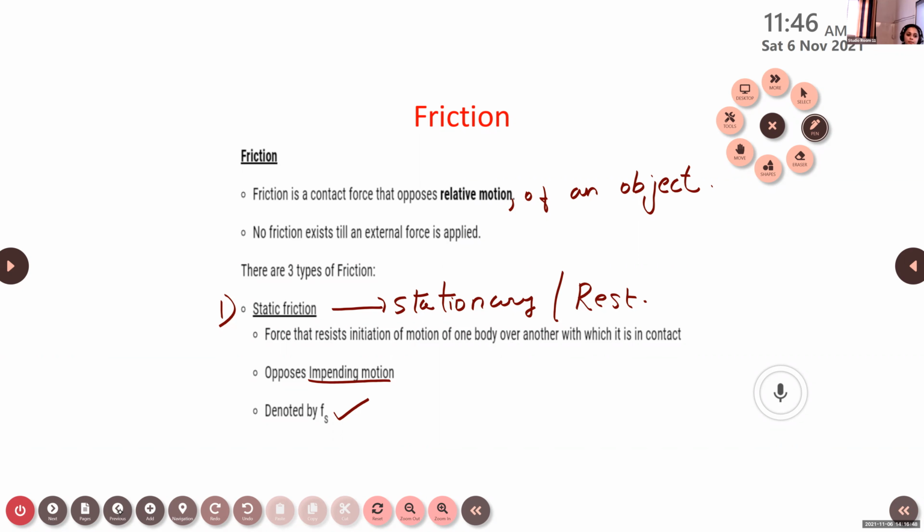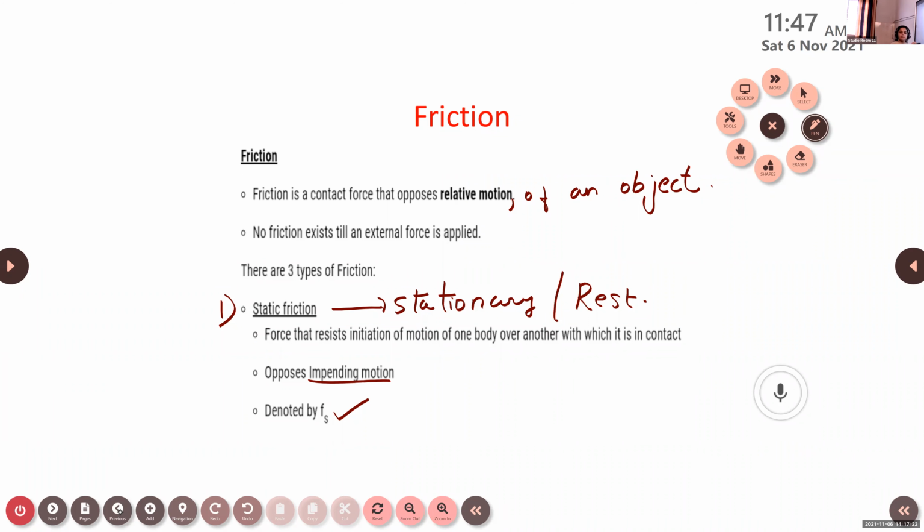Impending motion means it is the motion of an object which happens if and only if an external force is acting on it. Otherwise, the object remains in a state of rest. If you are moving an object by applying an external force, the object starts its motion.